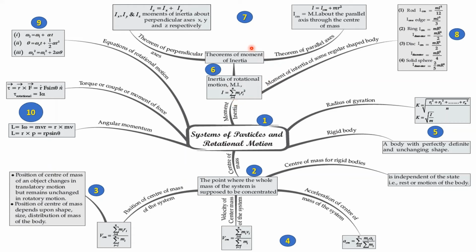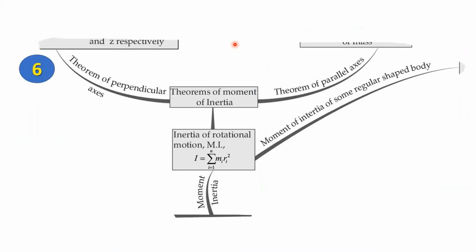Now we move on to the sixth part here. Inertia. In the previous section, we said that inertia is the rotational analog of mass. How do you calculate the inertia of a body? This formula says that inertia is the sum, from i equal to 1 to n particles, of m_i r_i square.